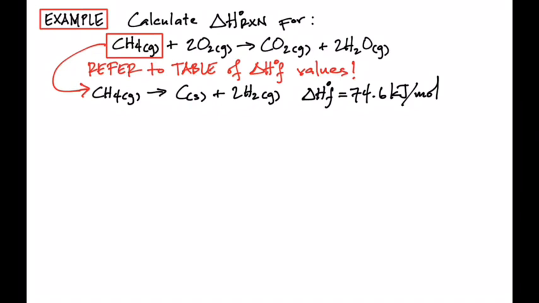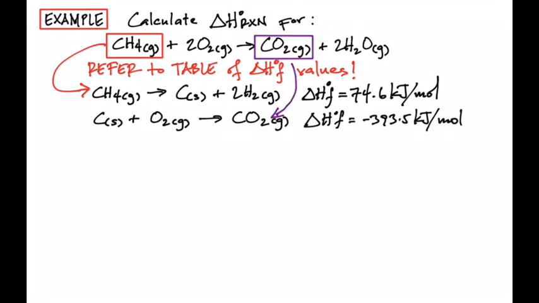And so we're going to reverse the reaction equation, and so we would reverse the value of the heat of formation from negative to positive. And then we don't have to worry about oxygen gas. That's basically 0. But then we have formation of carbon dioxide gas, and that gives us negative 393.5 kilojoules per mole.